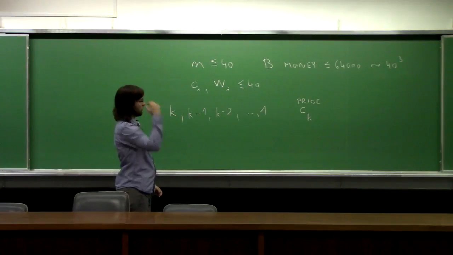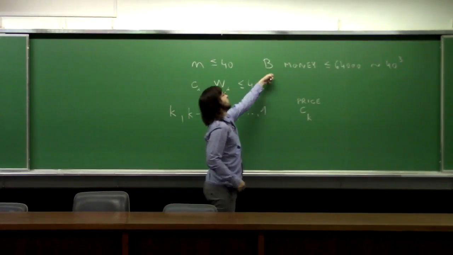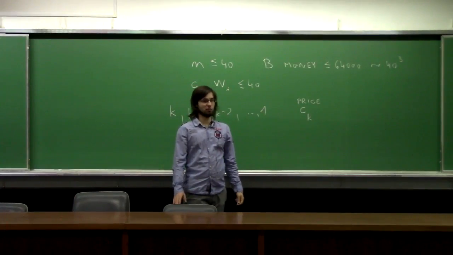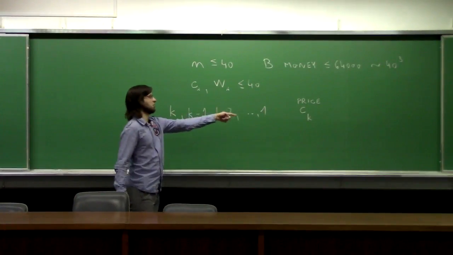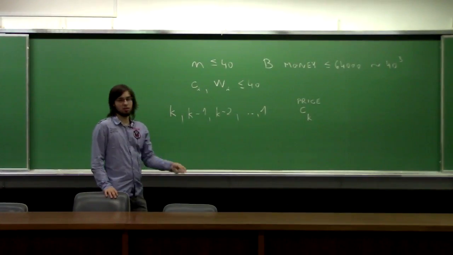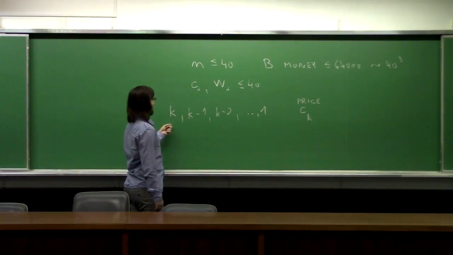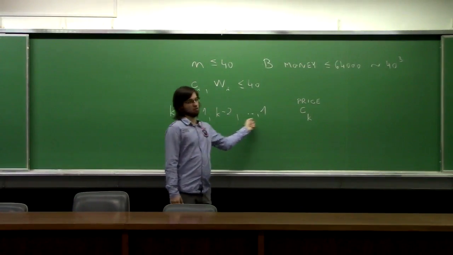And what we want to do is, since we have only a limited amount of money, we want to buy sweets with the total maximum price. So if we bought sweet K, then we paid C_K money, and we got sweets with prices C_K plus C_(K-1) plus C_(K-2) up to C_1.